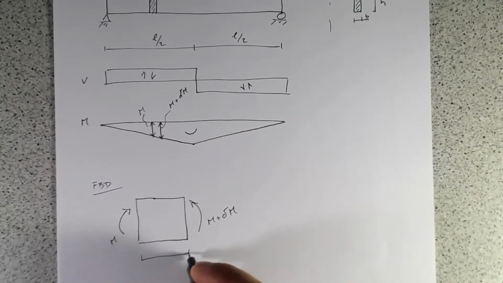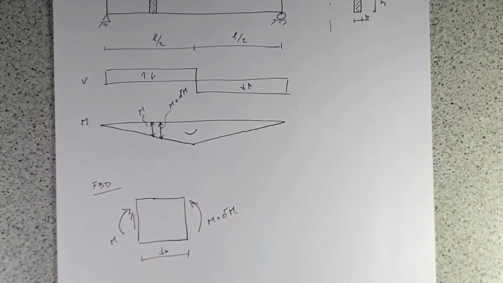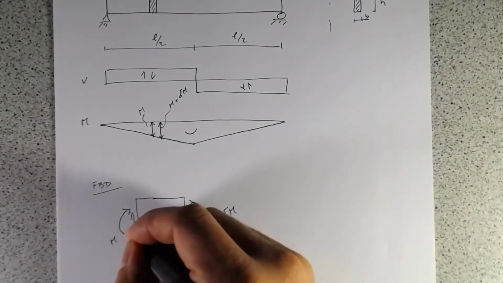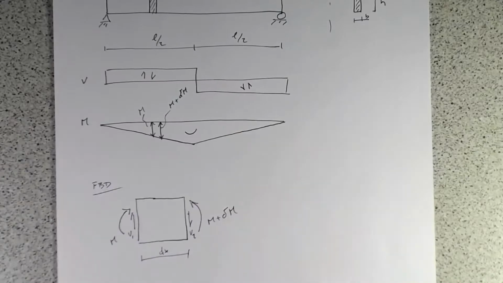It's got length dx, and it's got a shear V1 on one side and V2 on the other. And so what we want to do is find what our shear stress is along the height.